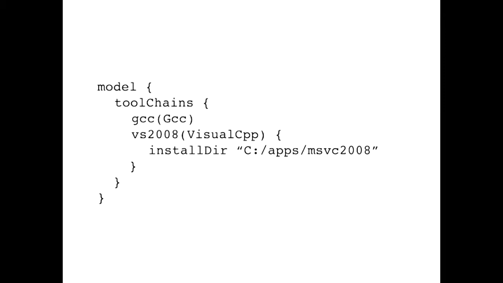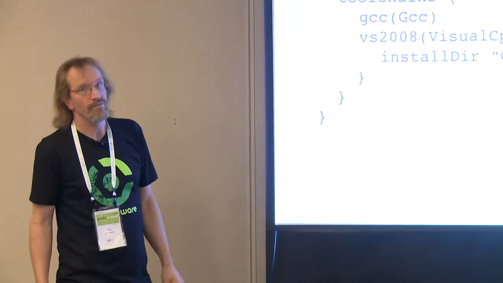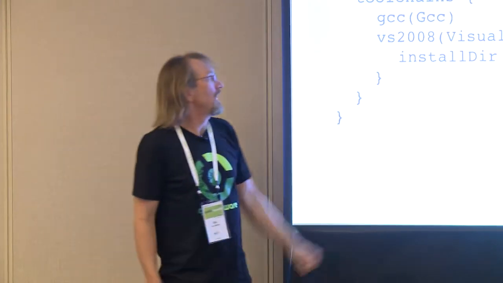So this is how we define toolchains in the native space. I mentioned really early how if you don't define any toolchains, we give you a set of defaults. If you do define them, sometimes you just want to say, I want to use GCC. So this is a way of adding a toolchain named GCC of type GCC. Sometimes you need to give us a bit more configuration.